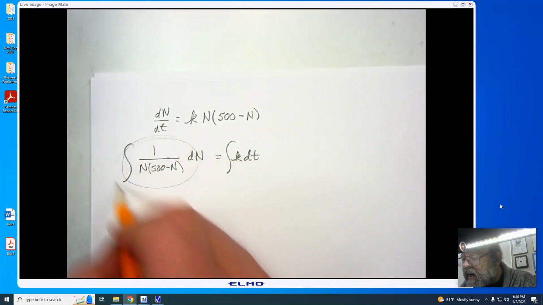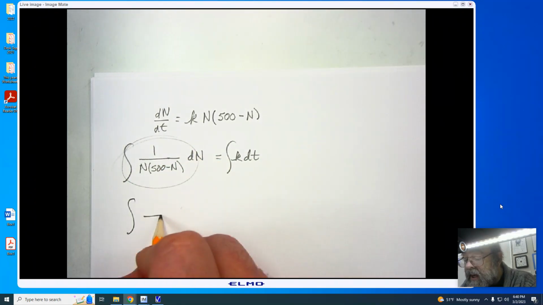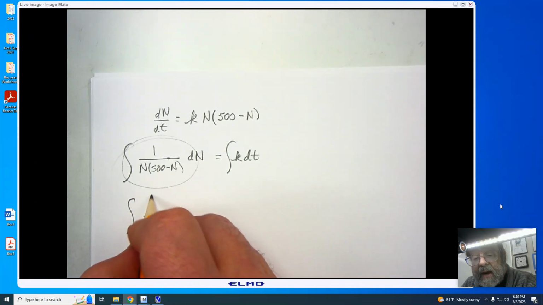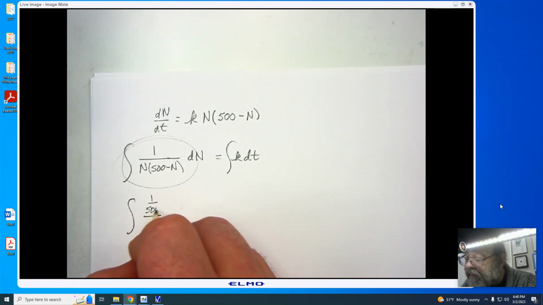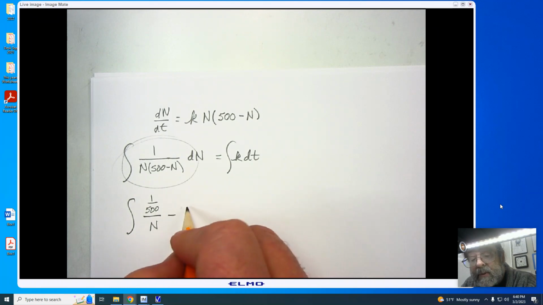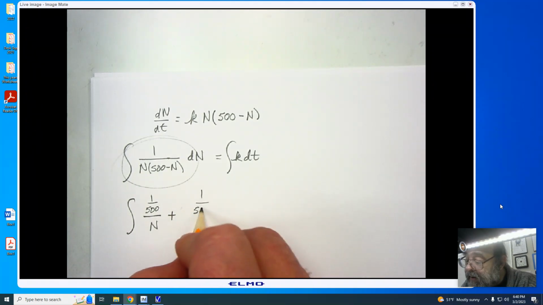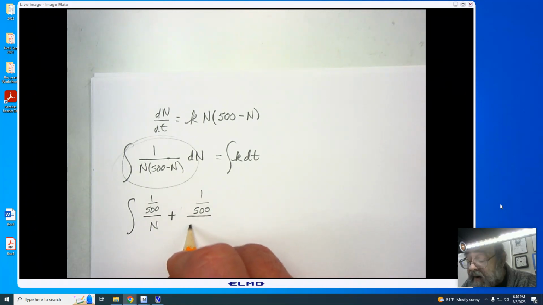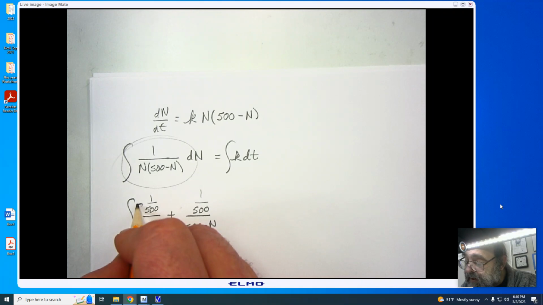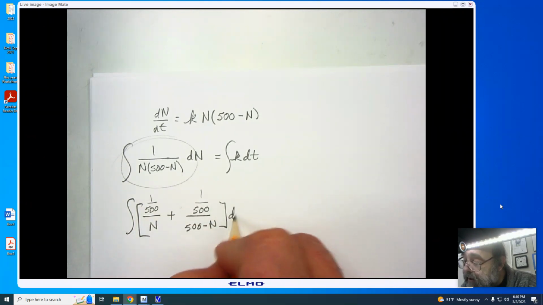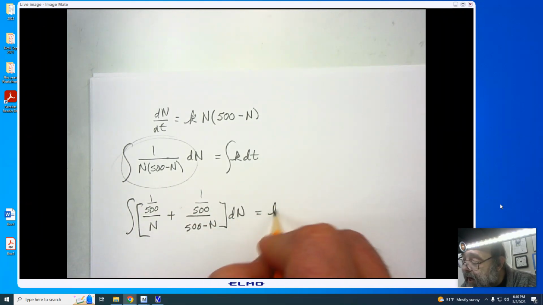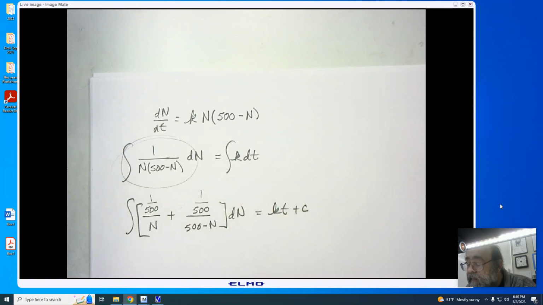Before we can integrate this, we have to decompose it, and they have the constant factor of 1 over 500 times 1 over n minus, double negative, plus 1 over 500 minus n. And this is what we're going to work with. dn is equal to our kt plus c.